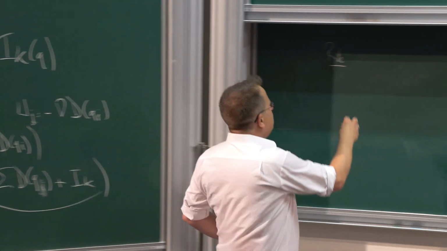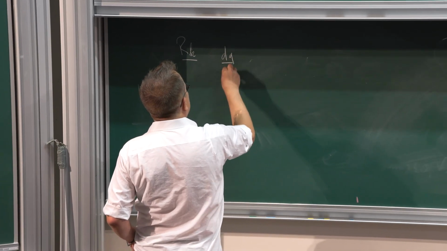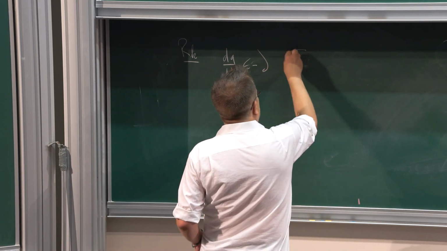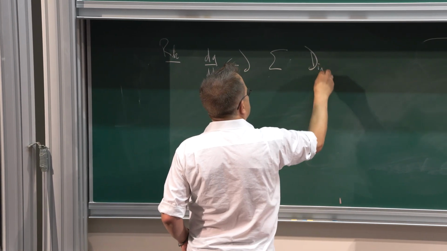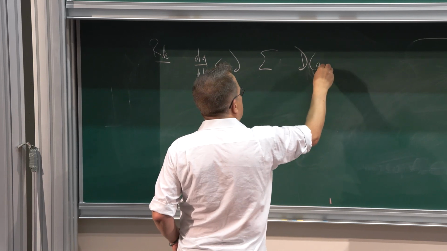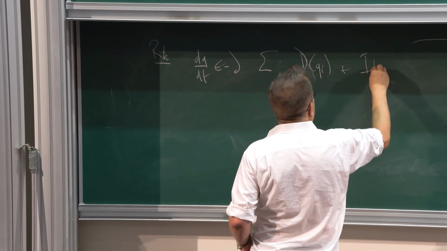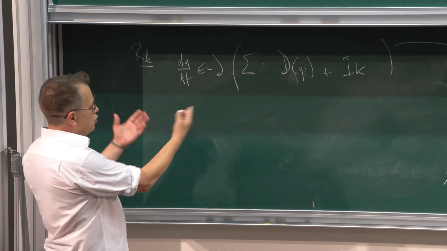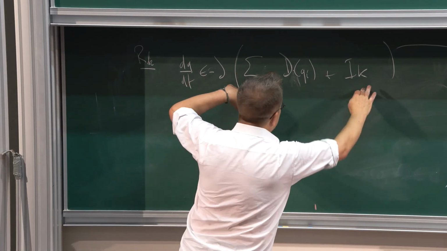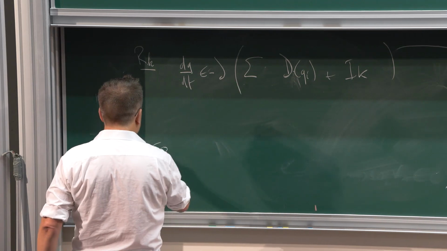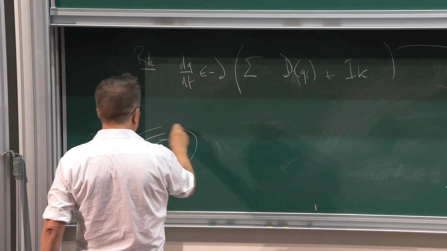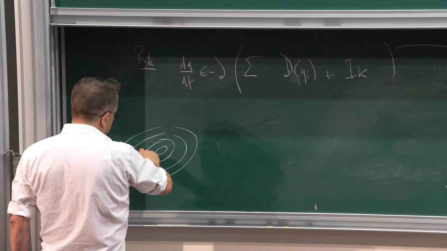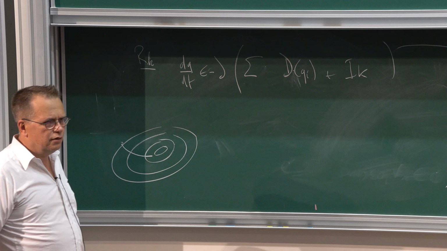So here it's a gradient flow, so you have to imagine the crowd is Q, in minus the sum of the d of Q_i plus I_K. It's really a gradient flow, meaning that if I consider this function, you could see that it has iso values, and the crowd flows along the steepest descent direction of this function.